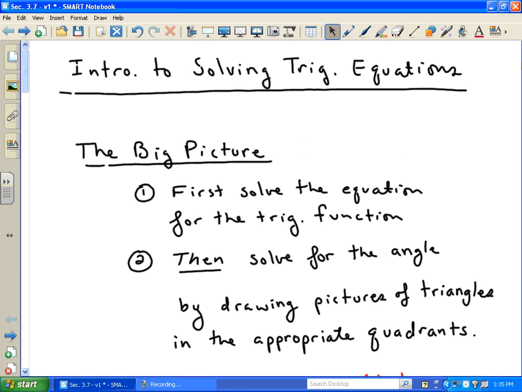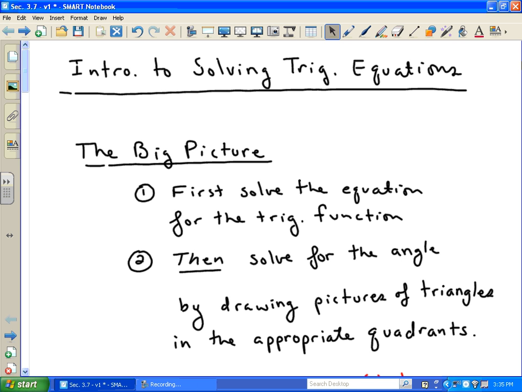What I'd like to do is intro solving trig equations. First of all, the big picture is, whatever equation you've been given, you must first solve for the trig function. In other words, if the equation involves tangent, you want to get tangent by itself on one side. That's our first goal.